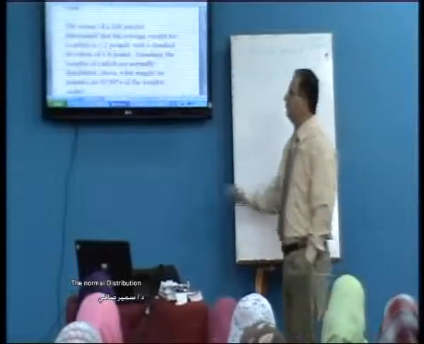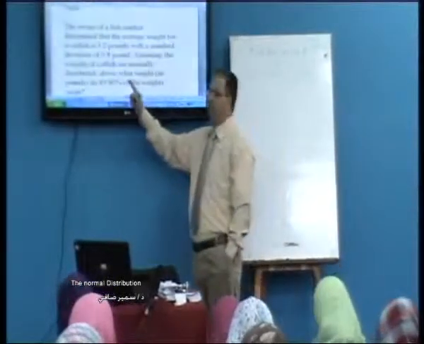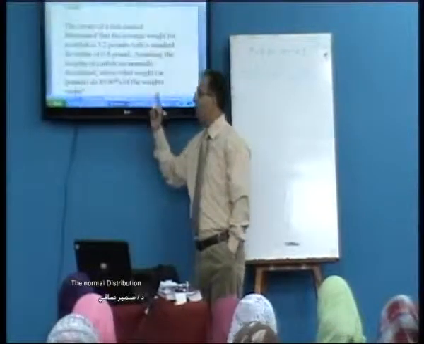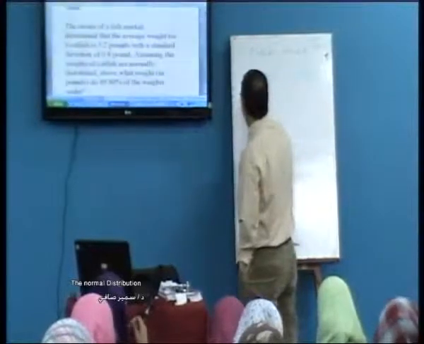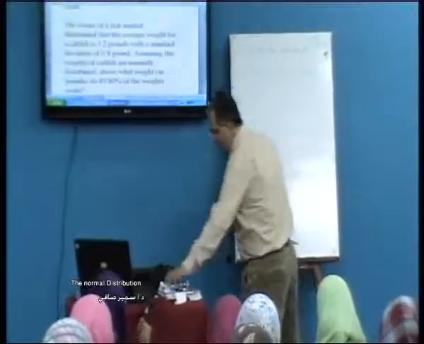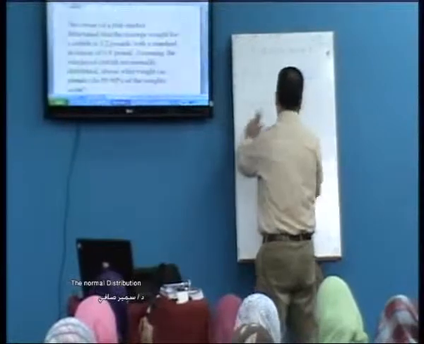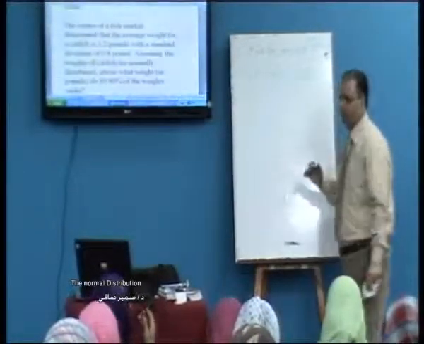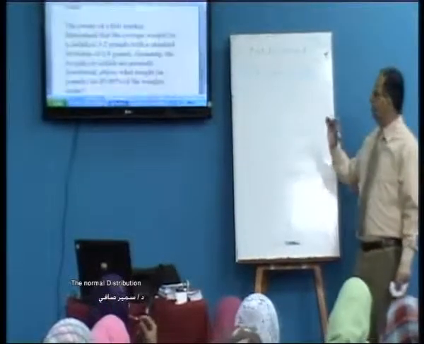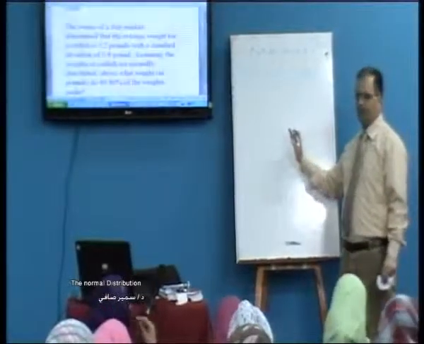Or above what weight do 89.8% of the weights occur? Just make the normal curve in order to understand the probability. Now, should a be to the right or to the left side?